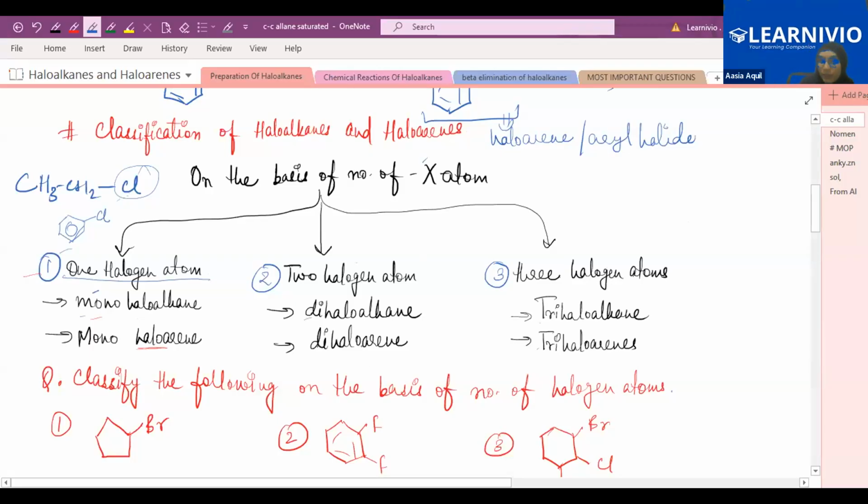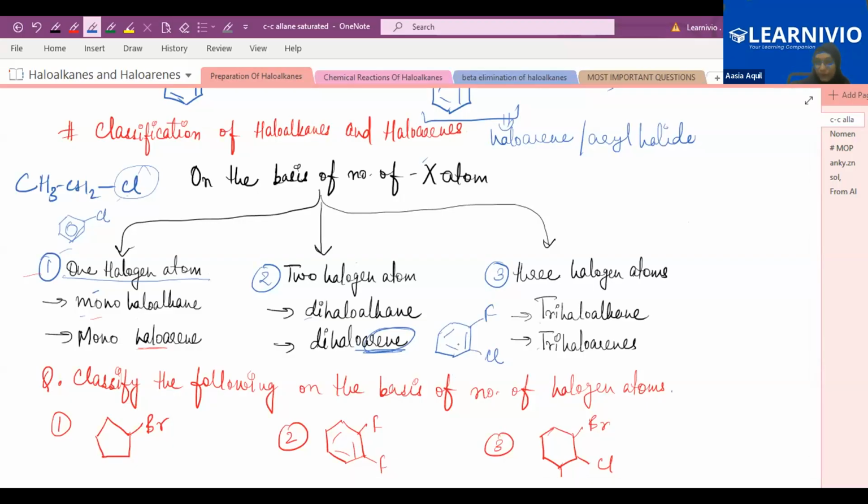Just remember for arenes, you should first check whether the structure is benzene or not, whether it is an aromatic ring or not. If two halogen groups are attached to the aromatic ring, suppose here fluorine is attached and here fluorine is attached, the same halogen could be there, or sometimes there will be different halogens.